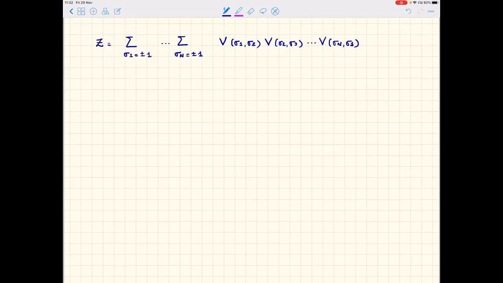Yes. Okay, so now each one of these sigmas, sigma 1 and sigma 2, can be equal to plus or minus 1, right? So each one of these objects here can be interpreted as a matrix, right?